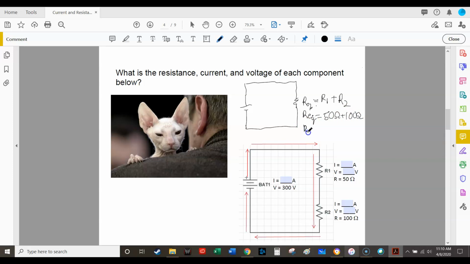So if you have two resistors in series with each other, sum them up, and they will behave just like one resistor that is the equivalent resistance. So this is 150 ohms. Okay? So now that I've put this together, this is 150 ohms, and this battery is producing 300 volts.